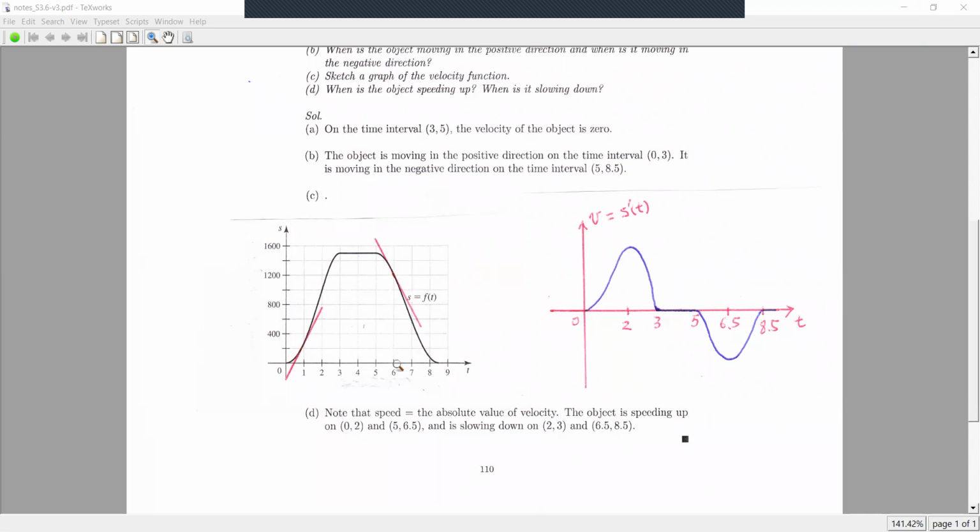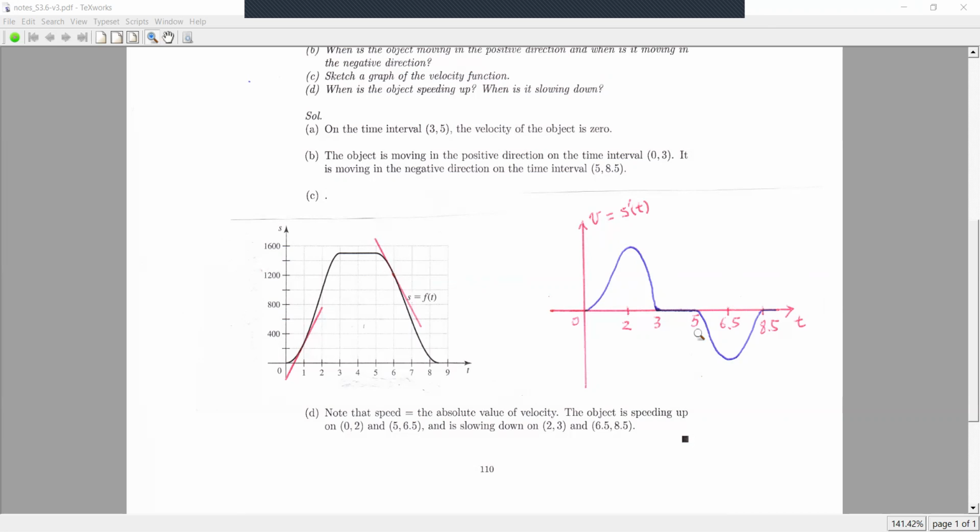As time is increasing, the slope of the tangent line is decreasing and is the smallest at about 6.5. Beyond the time 6.5, the slope of the tangent line is increasing. At 8.5, the tangent line is horizontal. So at 8.5, the slope there is 0.